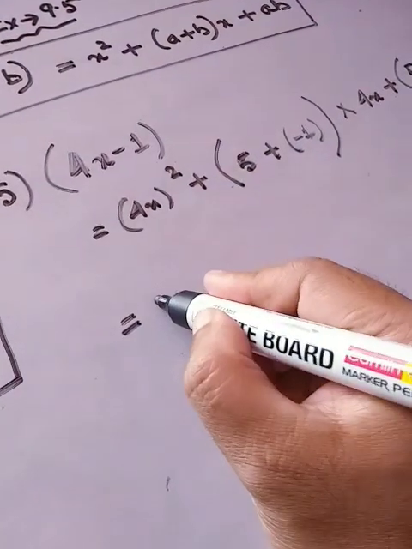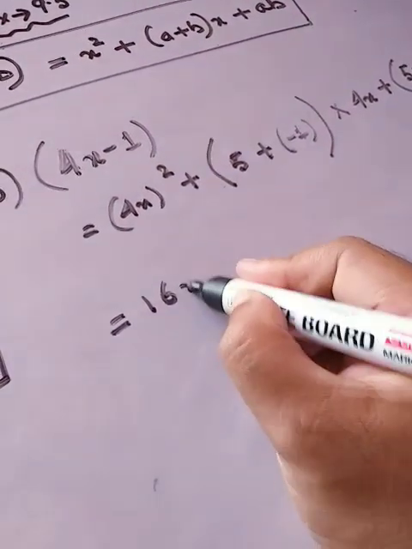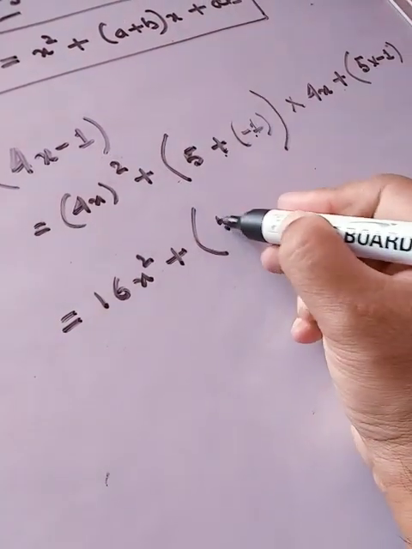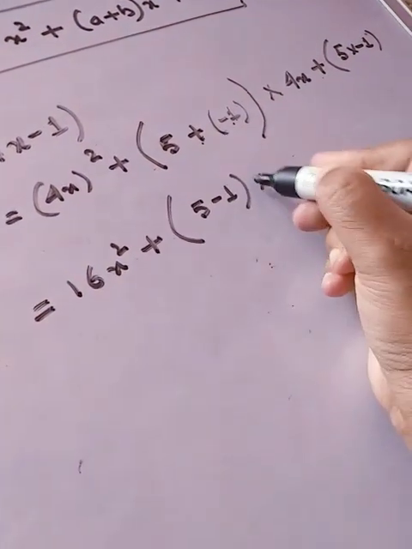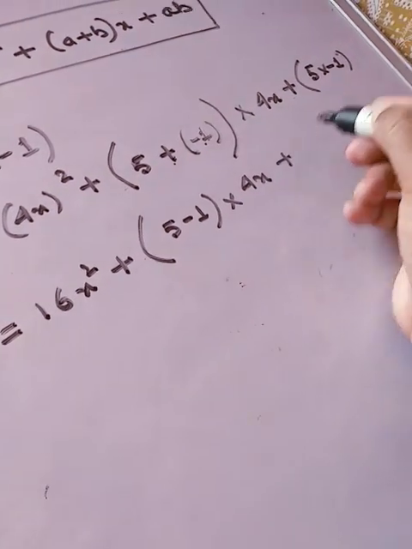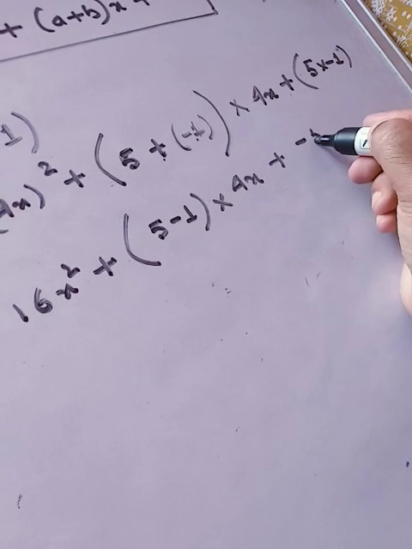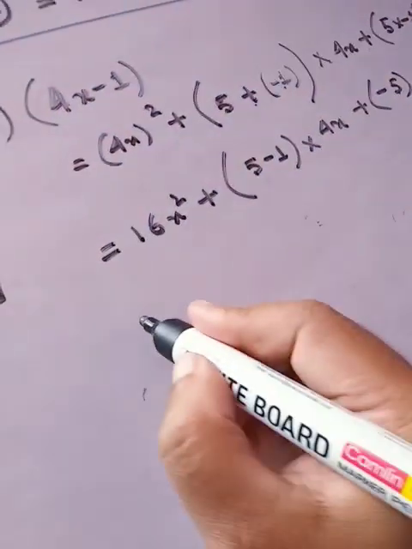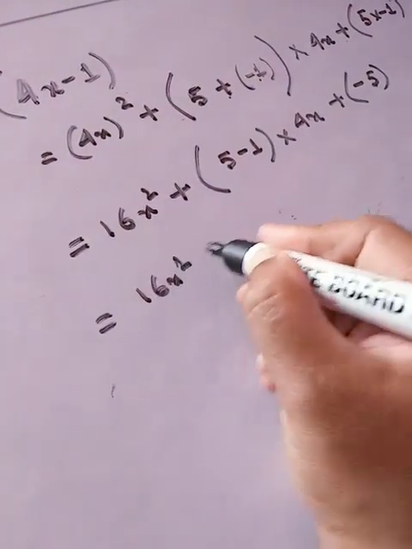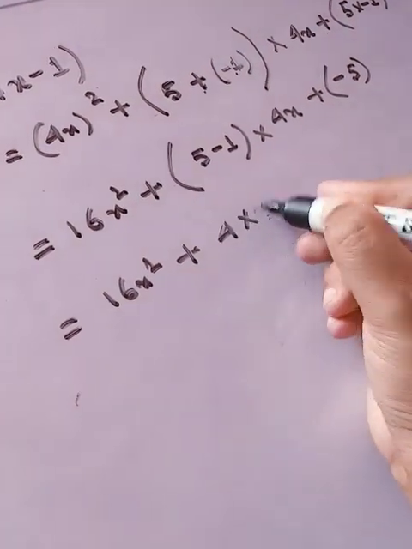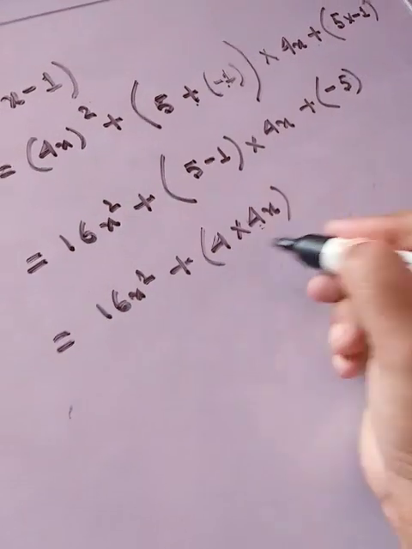Now the square of 4 is 16. The square of x is x square. Now we'll solve this bracket. Plus minus is minus. So we'll write it down like this, into 4x. Now let's multiply this. Plus minus is minus. 5 ones are 5. So we'll put it inside the bracket. So 16x square plus 5 minus 1, 4. 4 into 4x, put it inside the bracket.